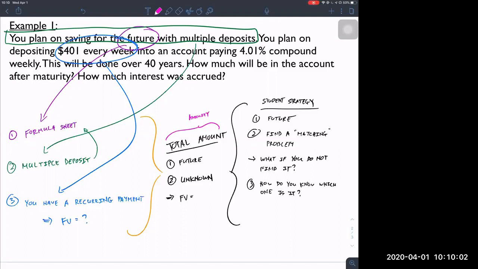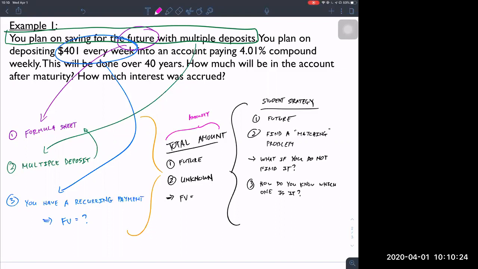So if the total amount is for the future and you don't know it, that means you're looking for it, right? I mean, there's other ways to go about it in that center column as I drew right there, but this is good right here. See, student strategy on the right, and then you know it's future, you look for a matching problem.